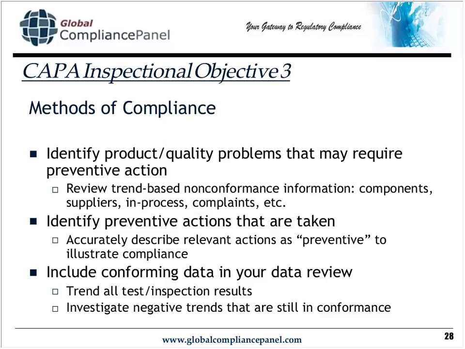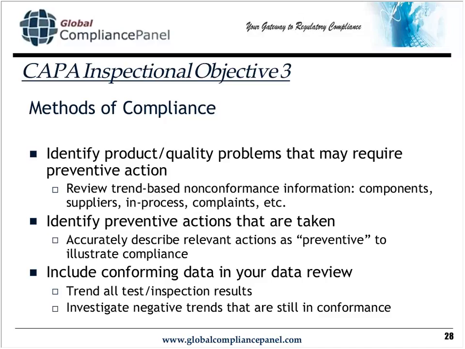If you have a catheter product line, let's say, and you're getting complaints on the 7 French catheter, you may determine to do a design change to the 7 French catheter, but also do the similar change to the 9 French catheter, upon which you've received no complaints. That's preventive action. Feel free to define your preventive action very liberally to be able to say that you've done preventive action.